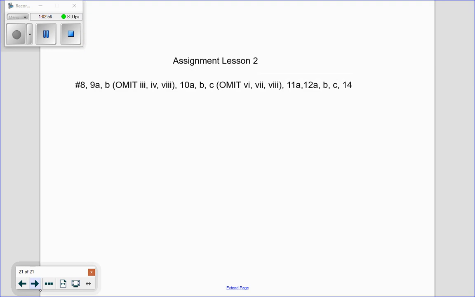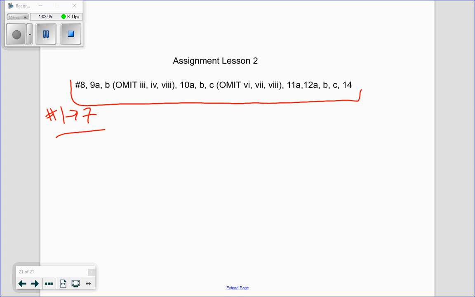Okay, so this looks horrible, but go ahead and follow my direction. So I already assigned 1 to 7. That was on the subset, disjoint, empty set, that stuff. So 8, 9, A and B, but make sure that you omit parts 3, 4, and 8. So number 10, ABC only. And make sure you take off parts 6, 7, and 8.